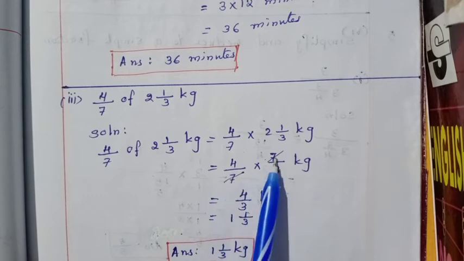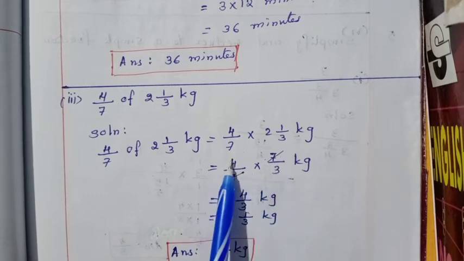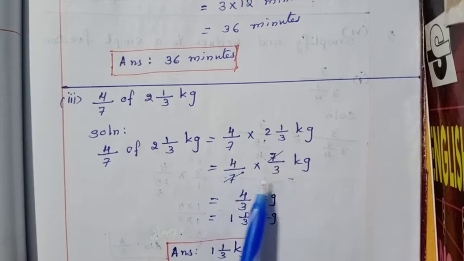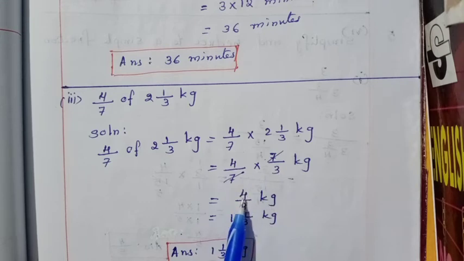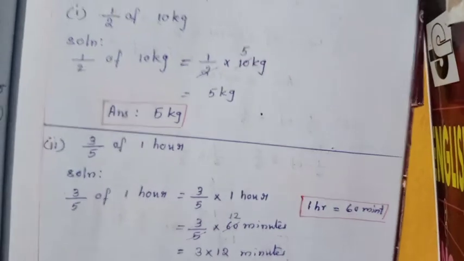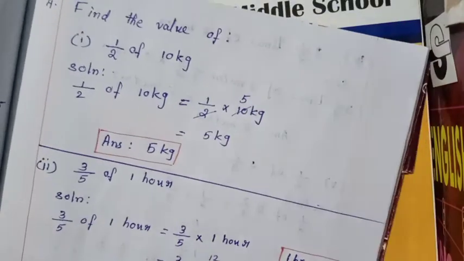So 7 and 7 cutting, the remaining numbers 4 and 3 we cannot divide, so writing the same, 4 by 3 kg. The numerator 4 is bigger than the denominator, so divide and 1 1 by 3 kg is the answer.